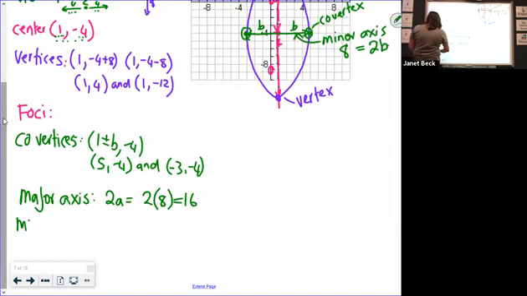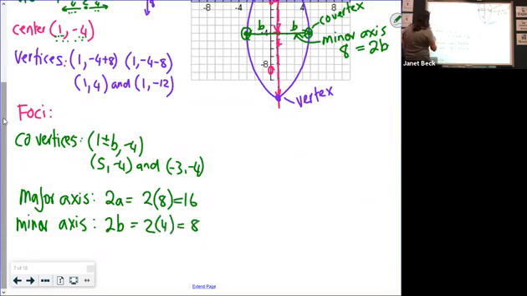And our minor axis, going on this one that went side to side, it's of length 2b, it was 2 times 4, which equals 8.